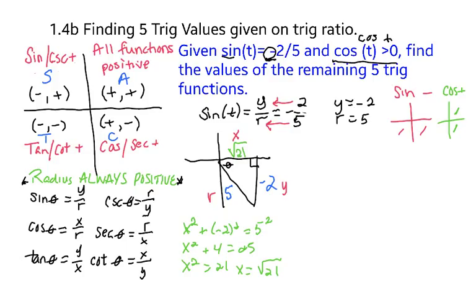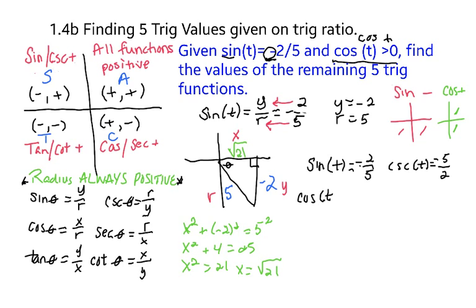I'm going to start with cosecant because that went with sine. So we were given that sine of t was negative 2/5. So that means its reciprocal, cosecant of t, must be negative 5/2.